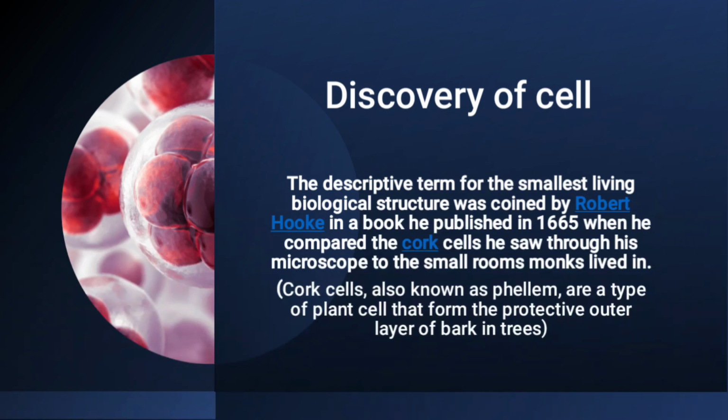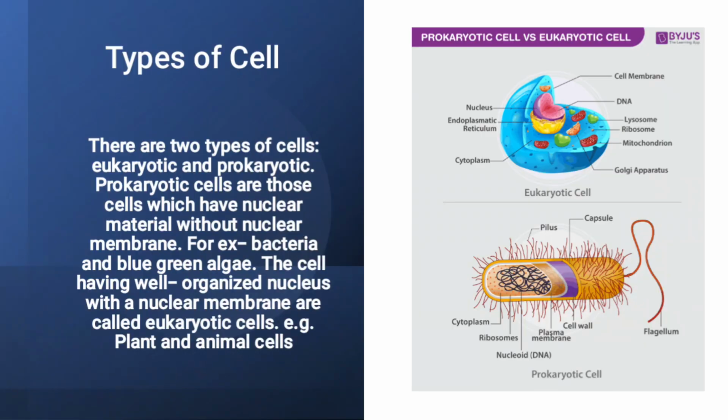So Hooke was one of the very first scientists who saw the cell as the smallest living biological structure. Cork cells, also known as phloem, are a type of plant cell that form the protective outer layer of bark in trees.